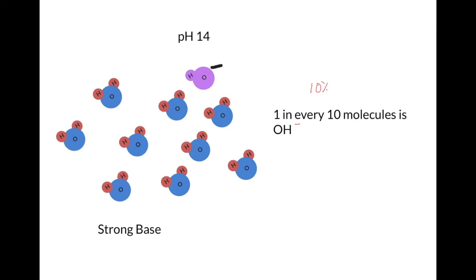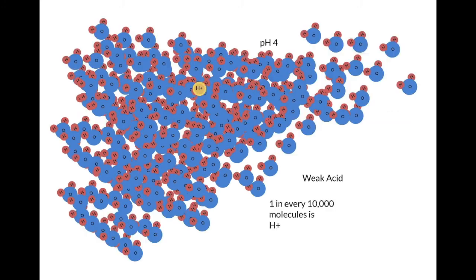Now let's compare that to weak acids and bases. So a weak acid, okay, at a pH of 4, basically that's like saying 1 in every 10,000 molecules is an H plus ion. That's kind of like this, okay, to say like in a percentage. So it's like 1 in every 10,000 molecules is H plus ion.